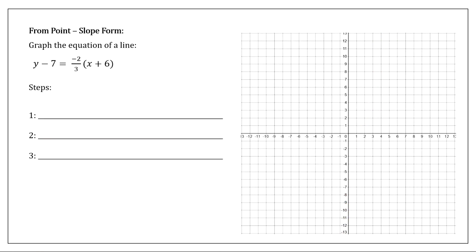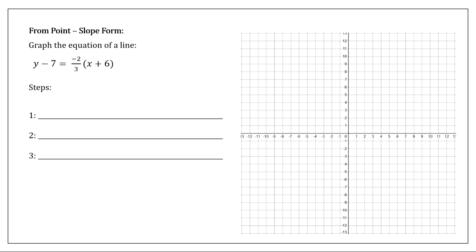All right, second one is graphing from point slope form. Now we have our equation of our line. Y minus 7 equals negative 2/3 times x plus 6. Remember in point slope form, the general form is y minus y1 and then x minus x1. So in our example here, we have a minus 7, so our y value for our point here is going to be positive.